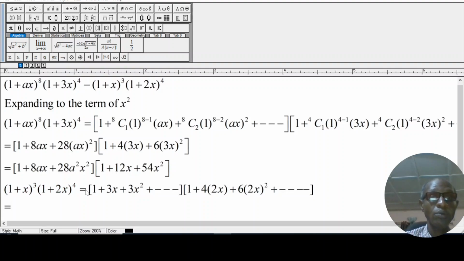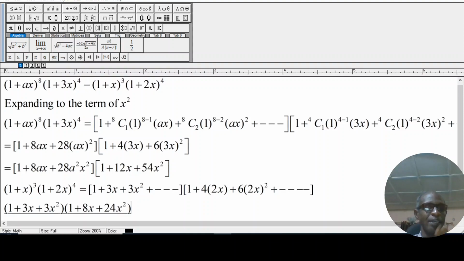So we have 1 plus 3x plus 3x all squared plus the ignored terms. So we now have 1 plus 8x plus, that's 4. 4 times 6 is 24. So we have 24x squared there. So just take note that we only need x squared terms.